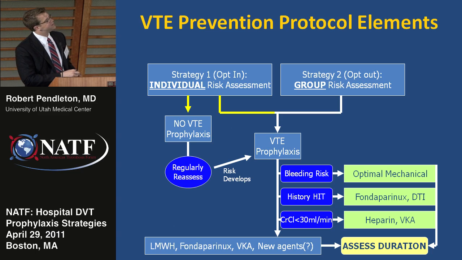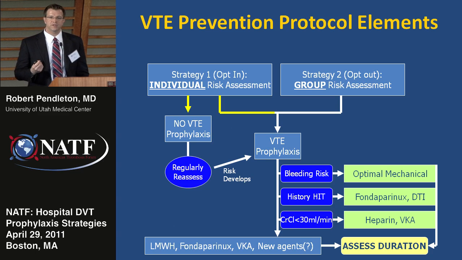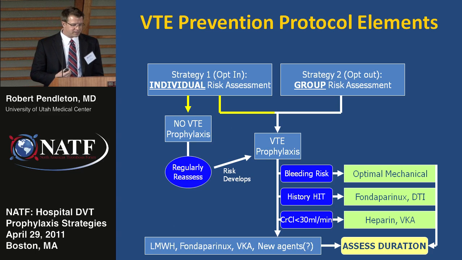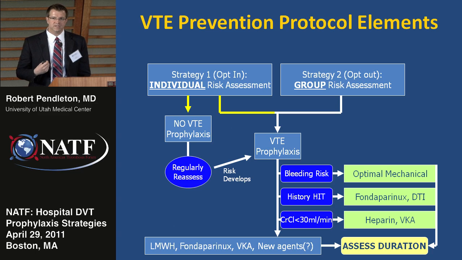If we have an individual risk assessment strategy, we'll either prompt the initiation of prophylaxis or not. And if not, to be truly successful, we have to embed methods to continually reassess that patient through their hospital stay. And when risk develops, then implement prophylaxis at that point in time.